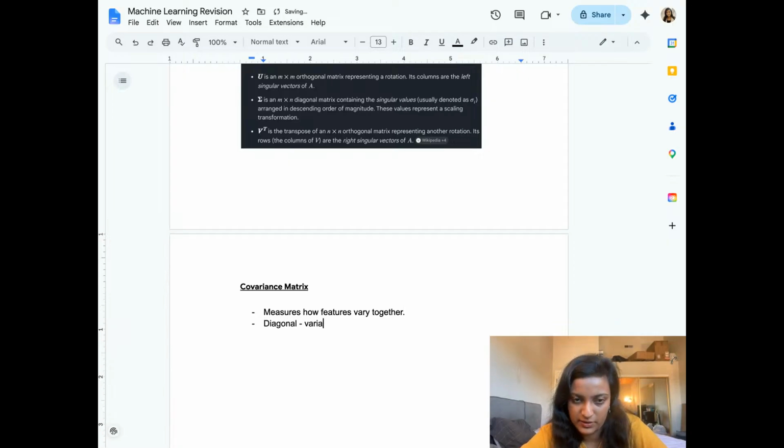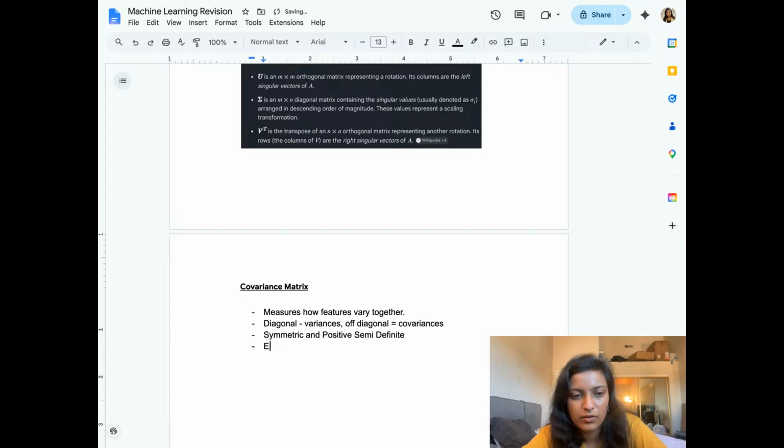Diagonal is variances, off-diagonal is covariances. It is symmetric and positive semi-definite too.